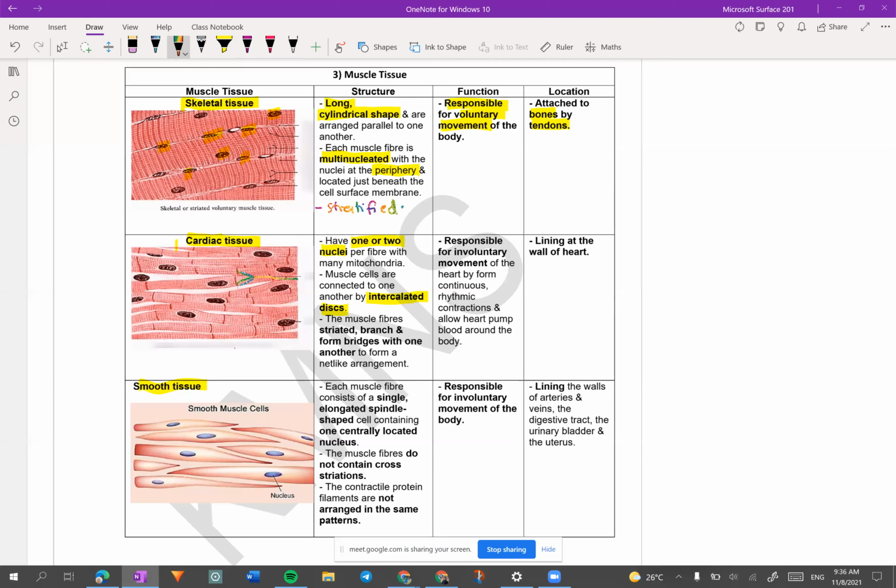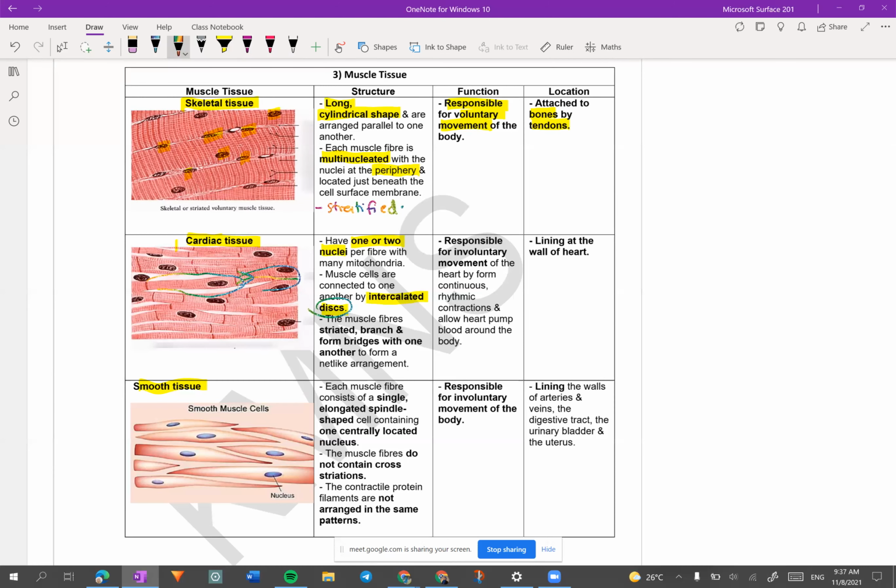Okay, yang dia buat ni. Inilah intercalated disc. So what does this disc do? Disc ni akan make sure that the cell yang ini, fiber ni dengan fiber sebelah dia ni remain intact. Sebab the jantung is the muscle yang always pumping, always bergerak. Tak macam skeletal tissue awak.